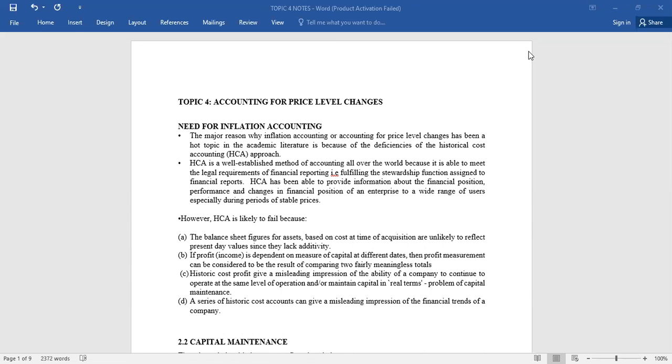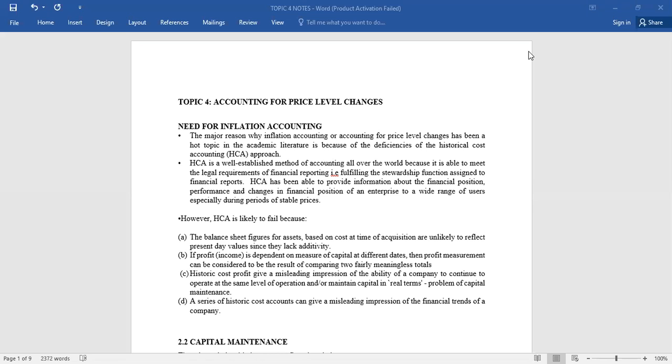So under such circumstances, it is highly unlikely that the historical cost approach is able to satisfy the informational demands of users who now depend on these financial data to make their investment decisions. We normally say that the historical cost approach is well established and it is a generally accepted accounting principle all over the world.